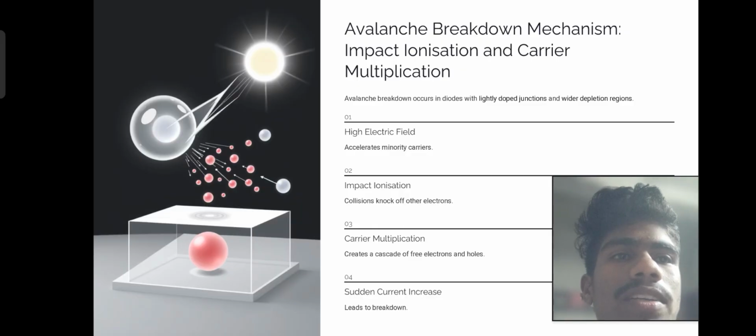The avalanche breakdown mechanism involves impact ionization and carrier multiplication. Avalanche breakdown occurs in diodes with lightly doped junctions and wider depletion regions.